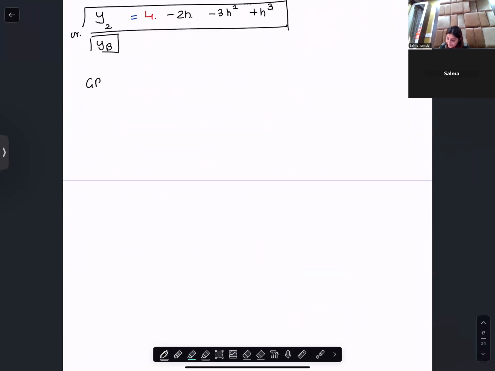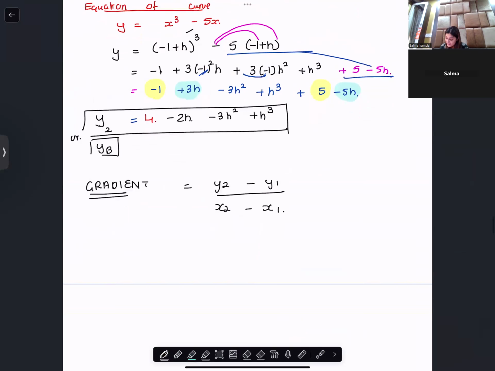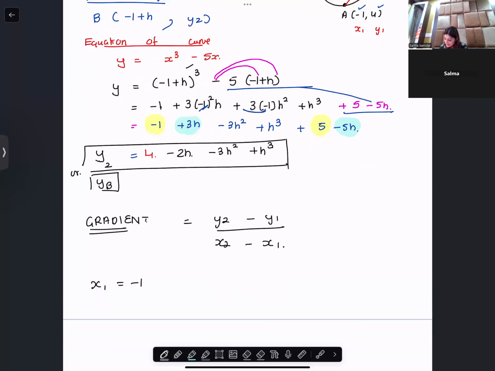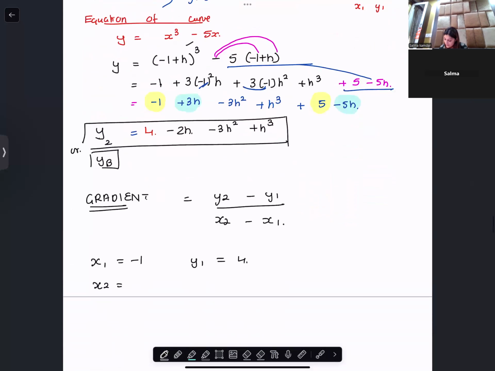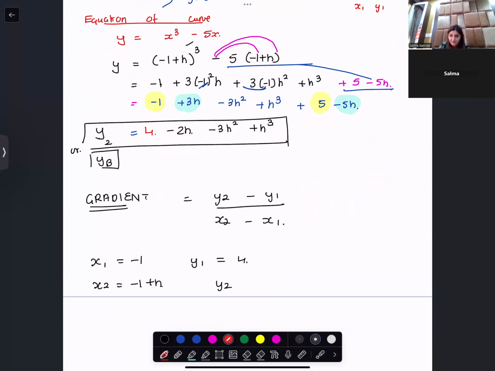So my gradient of the chord would be y2 minus y1 over x2 minus x1, where x1 is minus 1 and y1 is 4, the coordinates of point A. My x2 would be minus 1 plus h, and my y2 would be this big equation that I have found out: 4 minus 2h minus 3h square plus h cube.